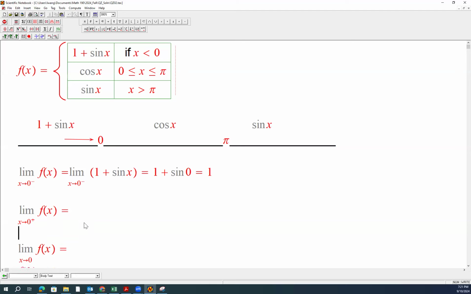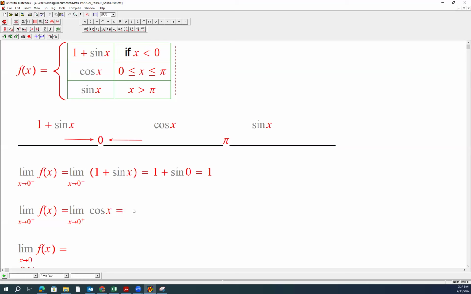Second, x approaching 0 from larger than 0. So in this interval, between 0 and pi, the rule is going to be cosine x. Make sure you mark it properly.